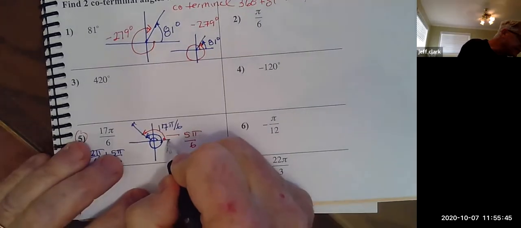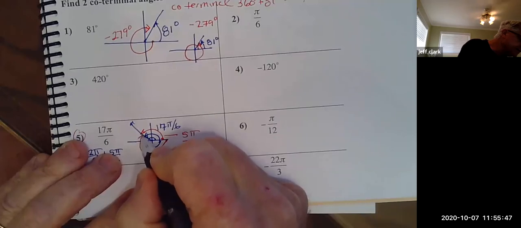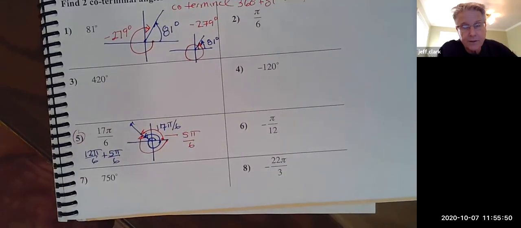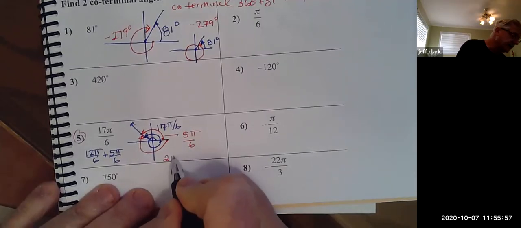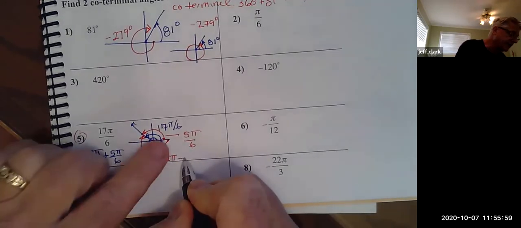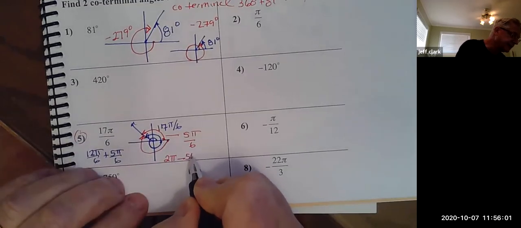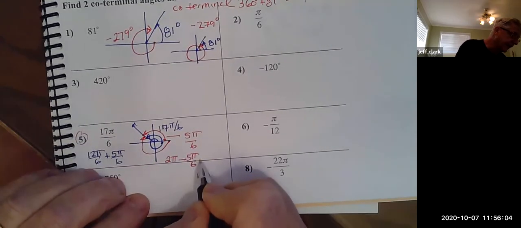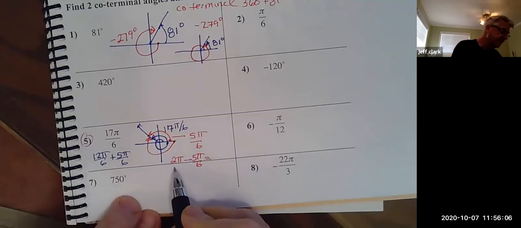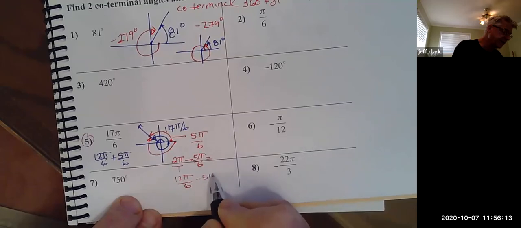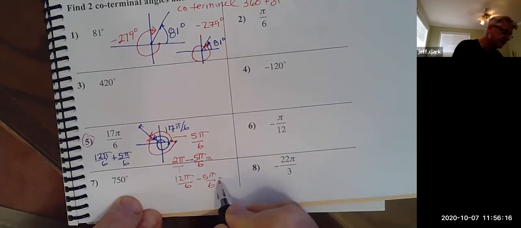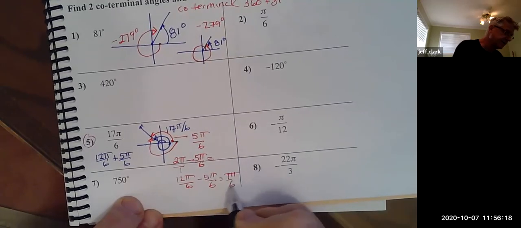Another example could be to start right here and go this direction, which is the leftover of 2 pi. 2 pi is all the way around, and if I subtract off the 5 pi over 6, that gets me the leftover, which is what I'm looking for. Let's see, with a common denominator, 12 pi over 6 minus 5 pi over 6 is 7 pi over 6.